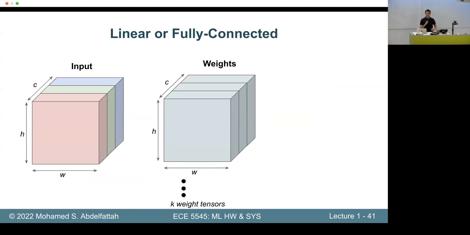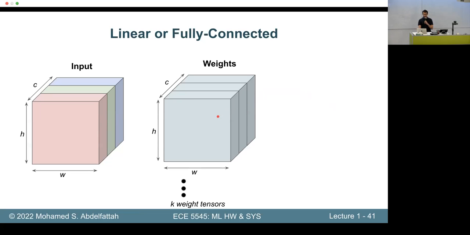Okay, now let's talk quickly about linear layers or fully connected layers. I put this after convolutions on purpose so that I can describe fully connected layers using 3D tensors first and contrast them to convolutions, as opposed to taking a matrix view of fully connected layers.